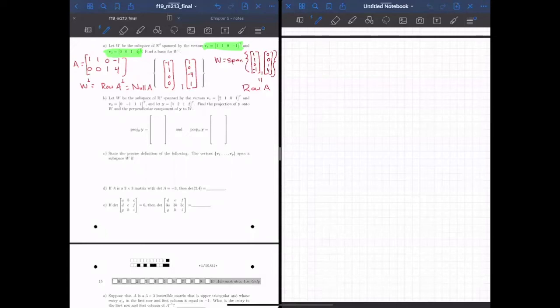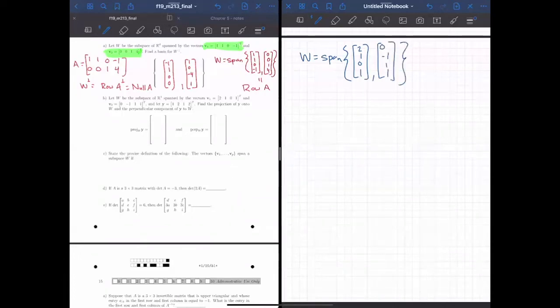So remember, W is the space spanned by these vectors: 2, 1, 0, 1, and 0, negative 1, 1, 1.